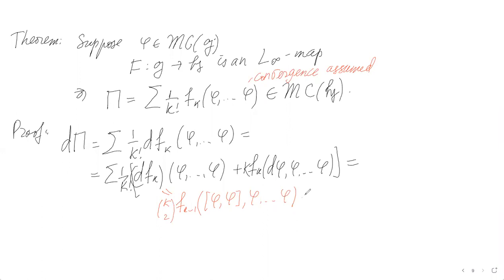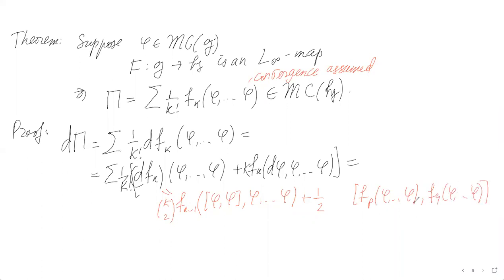And there will also be 1/2 of the sum over all unshuffles of f_p of phi, phi, phi, f_q of phi, phi, phi.